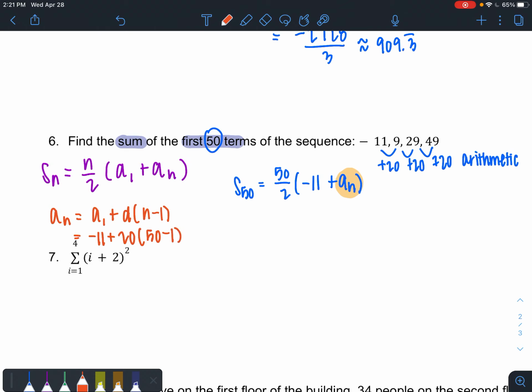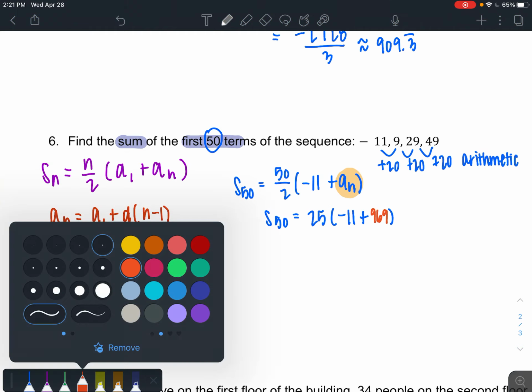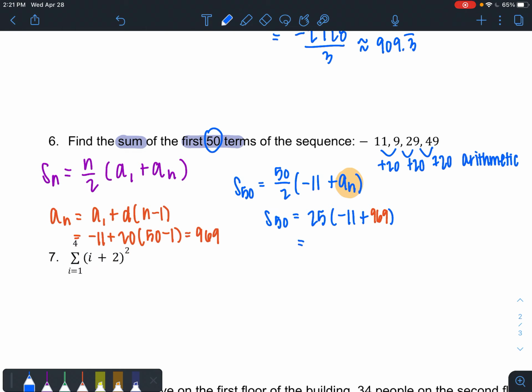When you plug that into your calculator, you get 969. So I have S sub 50 equals 25 times negative 11 plus 969. Plug that into a calculator and you get 23,950.